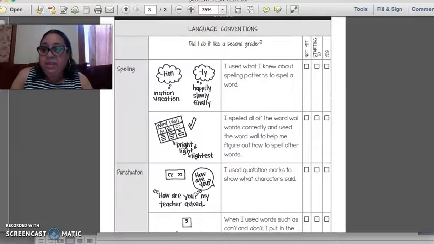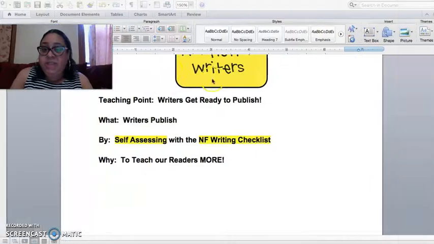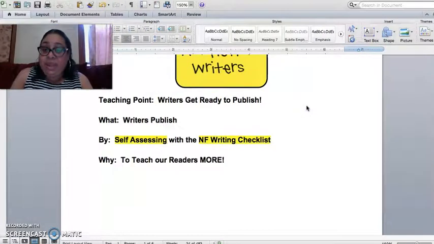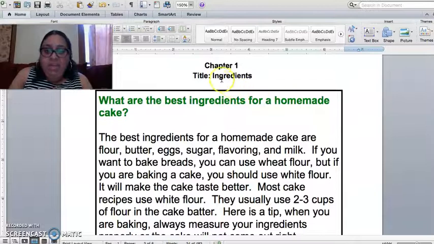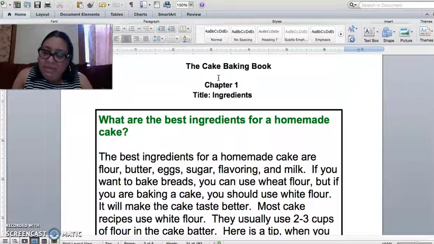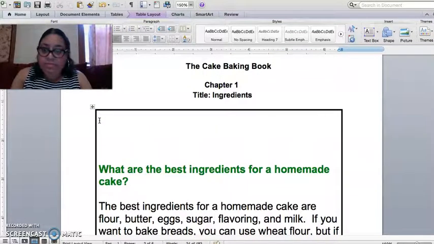So now that we took a look at the writing checklist, let's go in and see how we can make our writing better. Watch me while I use the checklist to check my own writing to see if I'm ready to publish. Well, I know that I started going right into my topic, ingredients, but I didn't write an introduction. So I'm going to make my introduction here.